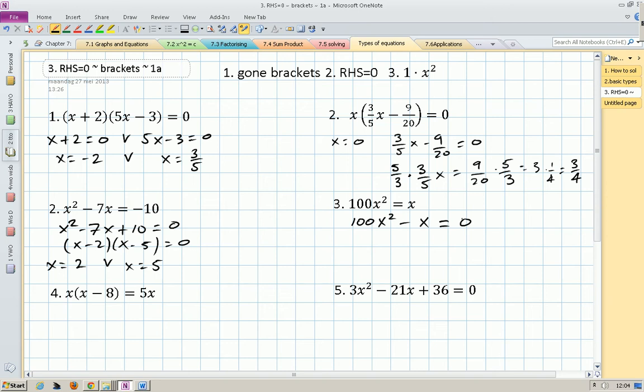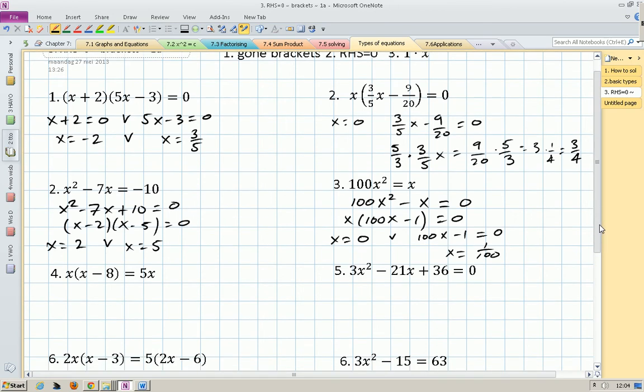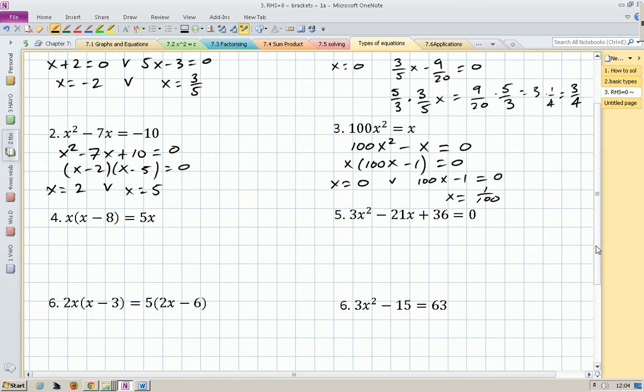Now, obviously, we have a type 2 equation. We can factor out an x. We can then say x equals 0, or 100x minus 1 equals 0, and that will give us x is equal to 1/100. So that is that second one.